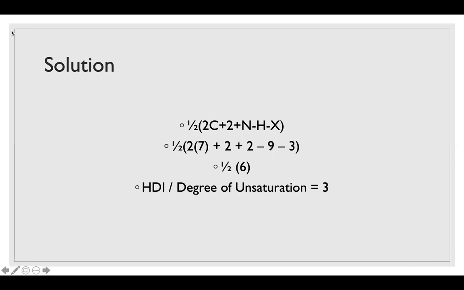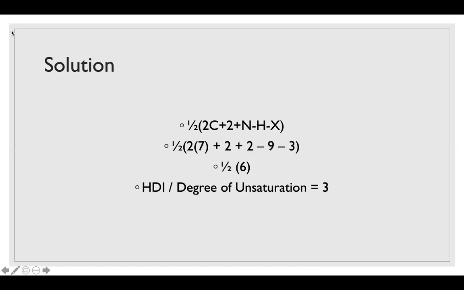We have 2 nitrogen present, which we can plug in. We have 9 hydrogen present, which we've plugged in. And we have 3 chlorine, which is our halogen present that we've plugged in, giving us 1/2 times 6 and an HDI or a degree of unsaturation of 3.